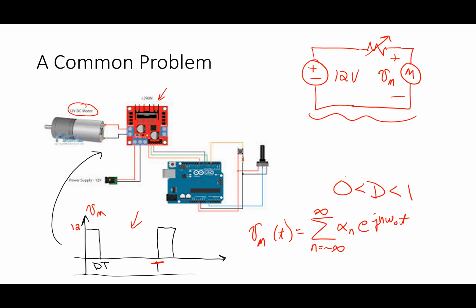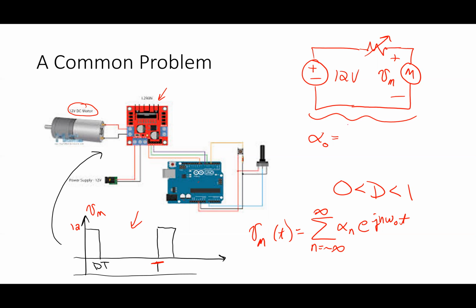Now think about it like this. What's alpha 0? What frequency does alpha 0 correspond to? The DC term. And the DC term is always the average of the waveform.